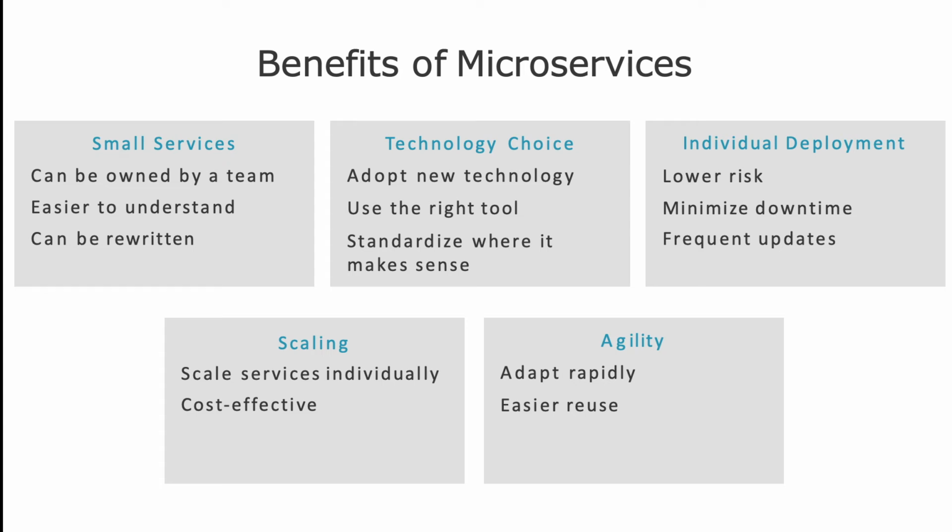Only one team will be responsible for your microservice, to maintain it, to build new features, to fix issues in it. And it's very easy to understand because you are just focusing on one business capability, and the number of lines of code is not huge. So everyone in the team can read the code, understand the code.